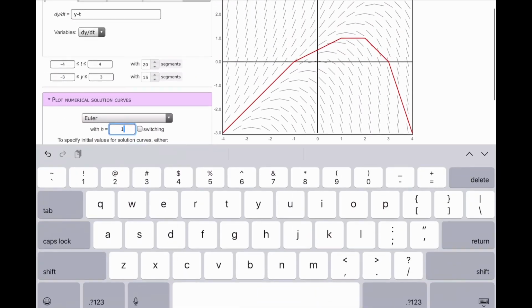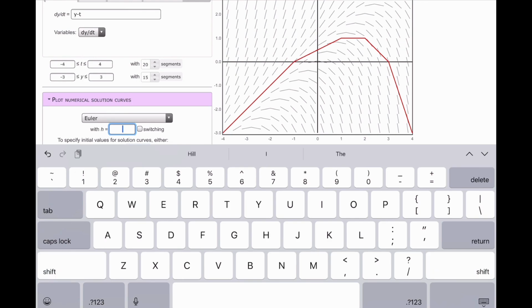So let's say here, I'm going to now take the step size of 0.5 and focus on the red curve. Notice how it's going to change. See, my step size, and so every jagged little piece got a little bit shorter, and it's also gotten less jagged.